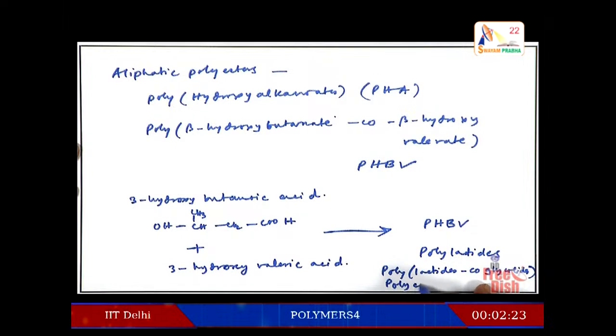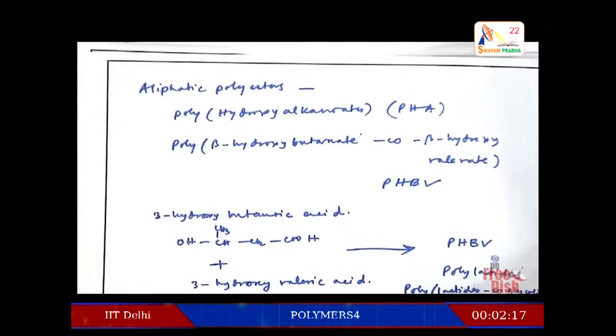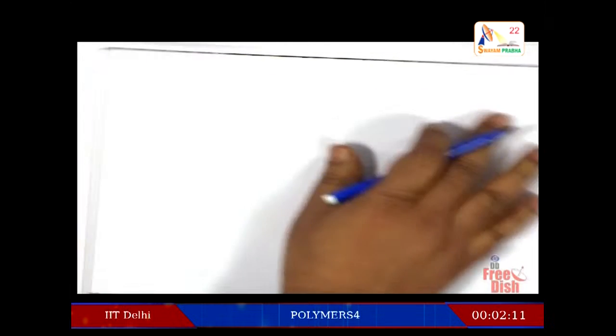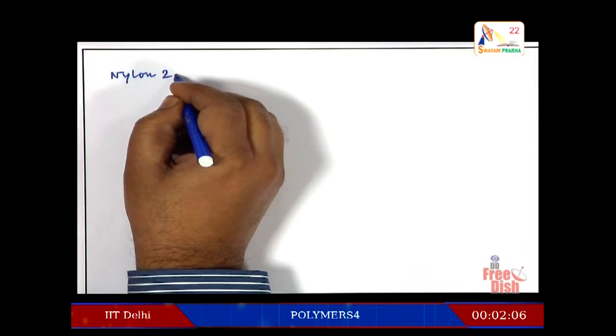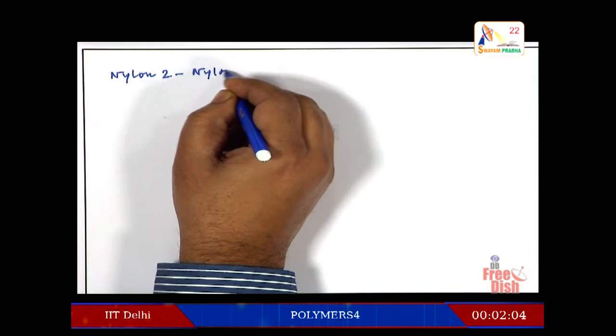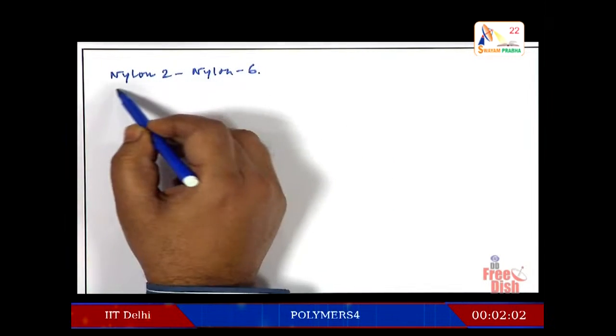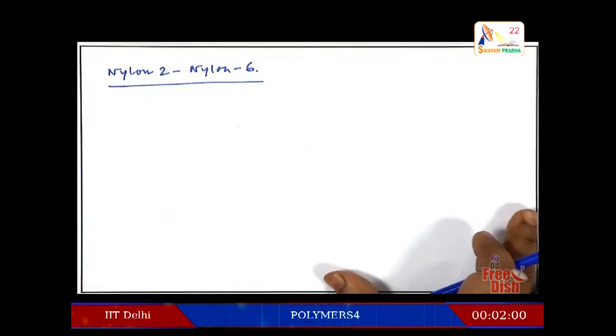These are examples of biodegradable polymers. There is also an example of a copolymer of nylon 2 and nylon 6, which you can read from a book. This is also a biodegradable polymer.